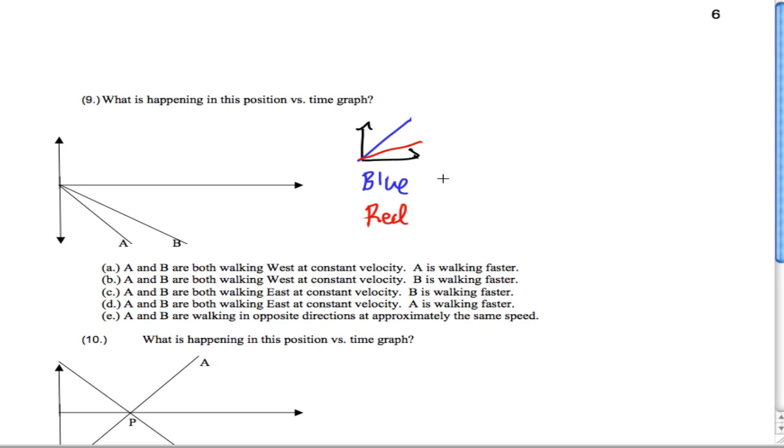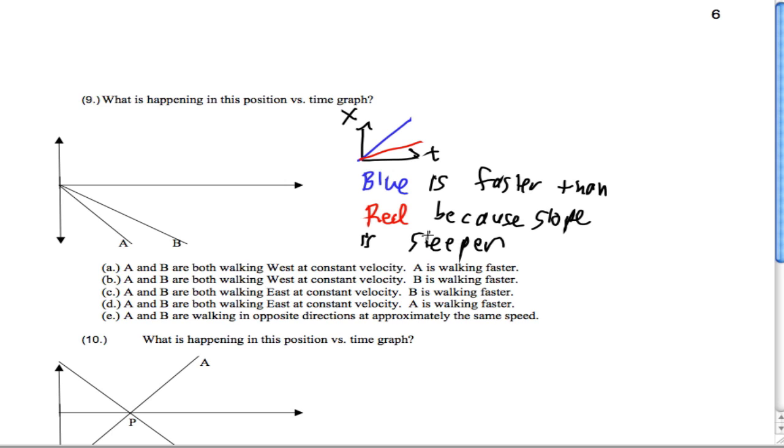Blue is faster than red, and this is position versus time, because the slope is steeper. This goes back to the buggy lab. So blue is faster than red because the slope is steeper.